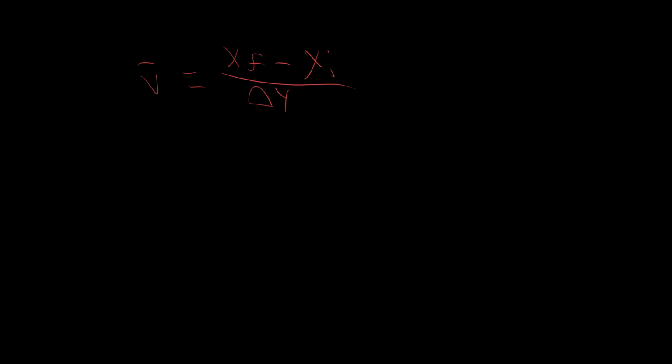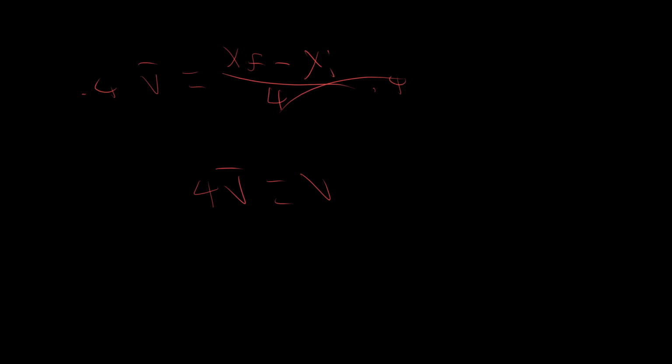And our change in time is just 4 because we start from t equals 0. So we can just change this to 4, and then we multiply both sides by 4. These cancel out.